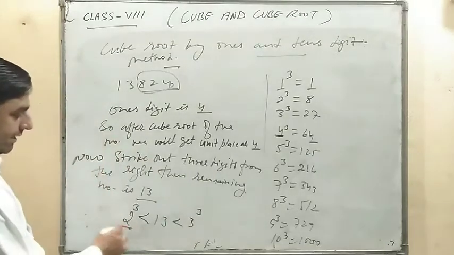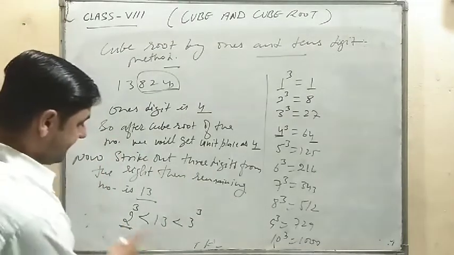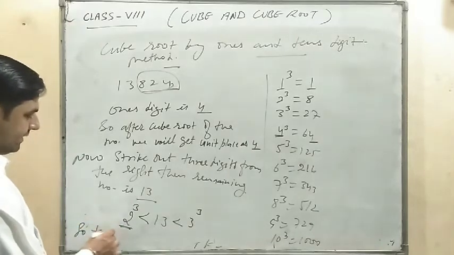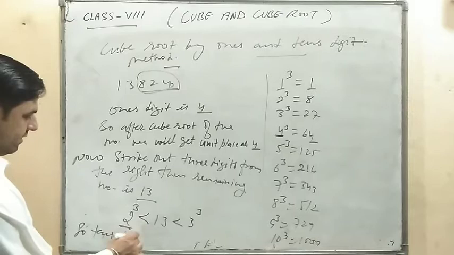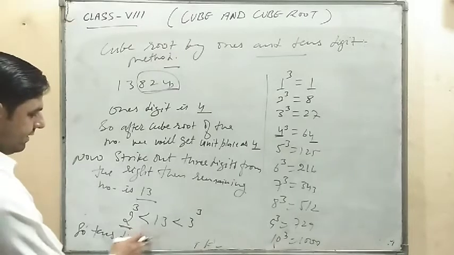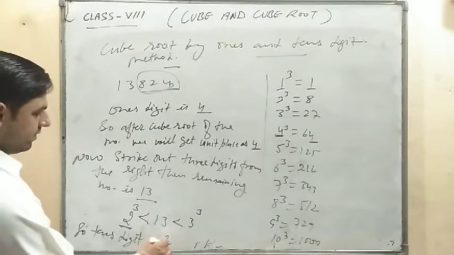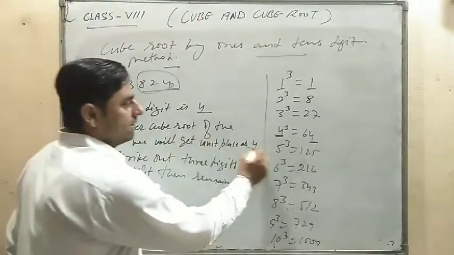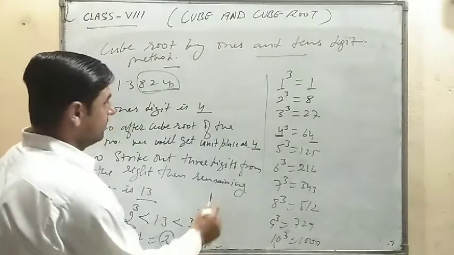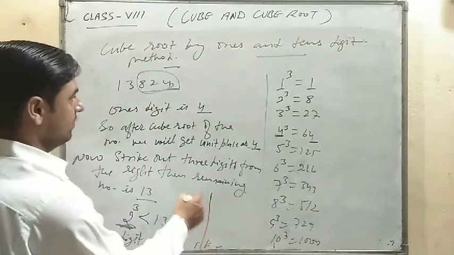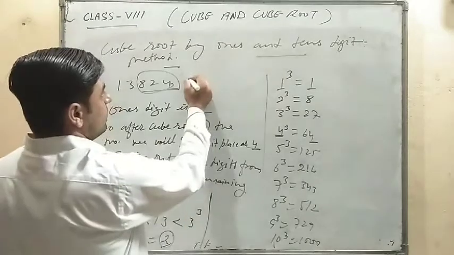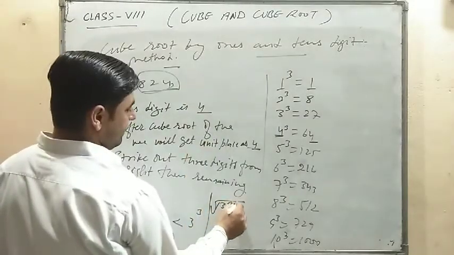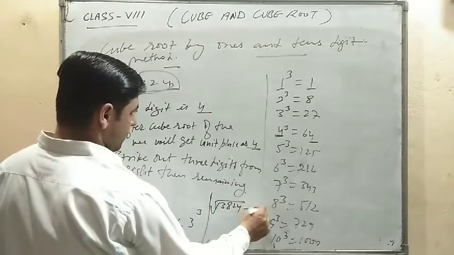So we take the nearest smaller number as the tens place. So the tens digit is 2 and the ones digit is 4. So the cube root of 13,824 is equal to 24.